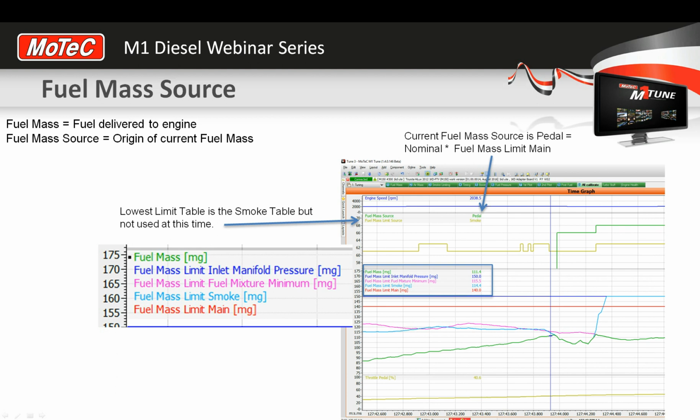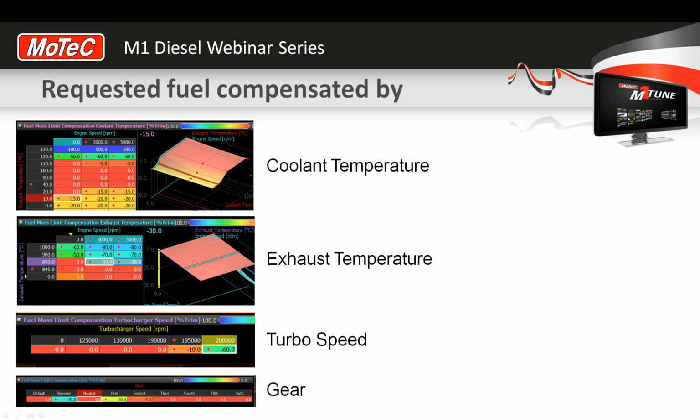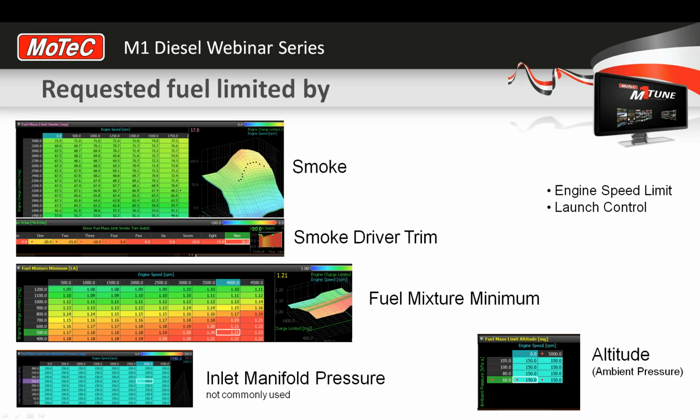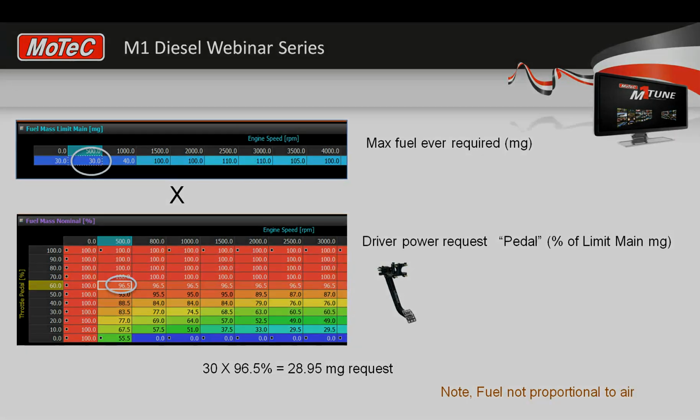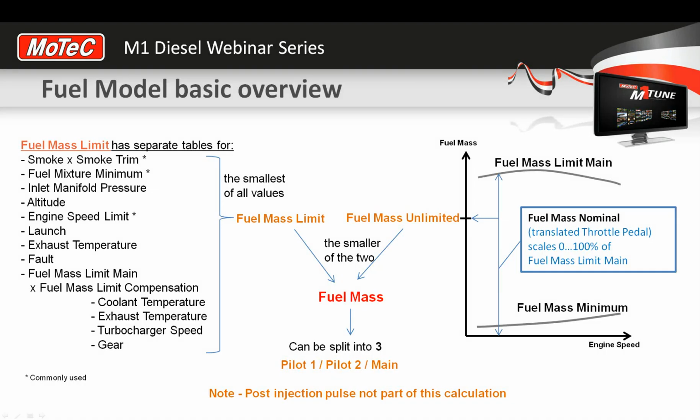So we have two source channels, which does get confusing, I'm sorry. I'll go back actually at this point, just so you can understand what I'm going to talk about, bear with me. So we have the fuel mass source here. Alright, so where is this coming from?